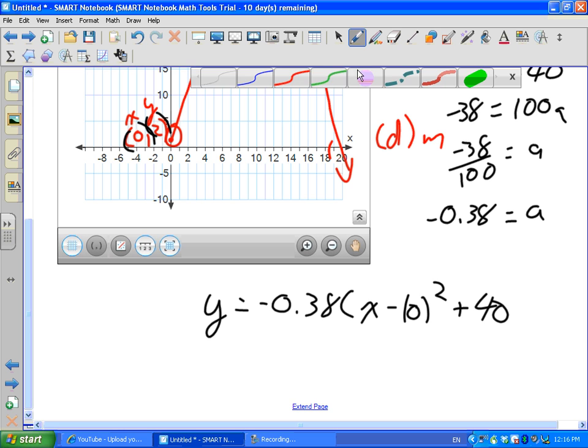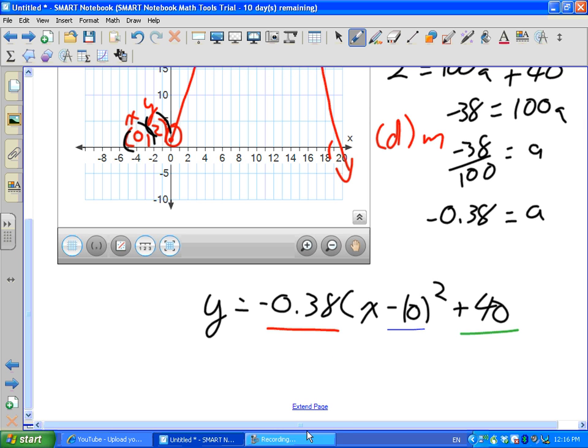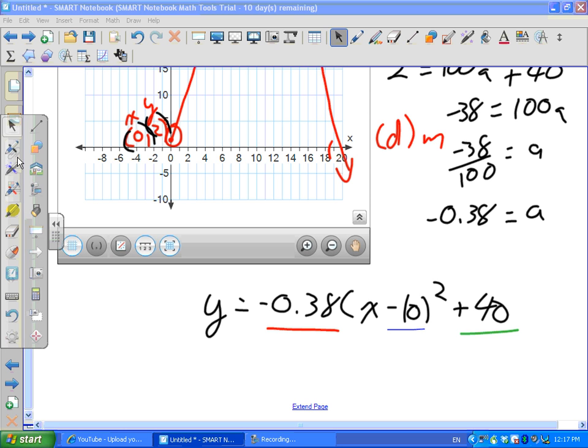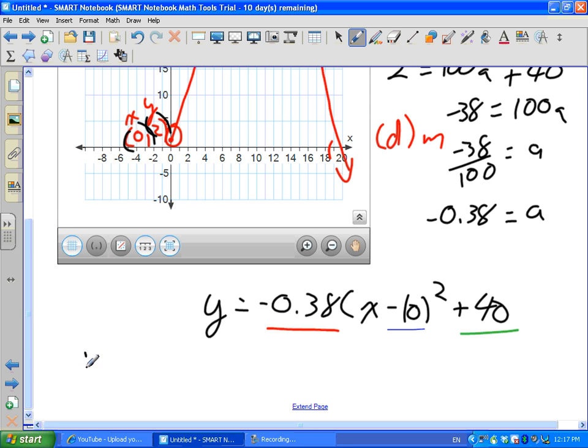And in this instance, I have my k value, my h value, and my a value.